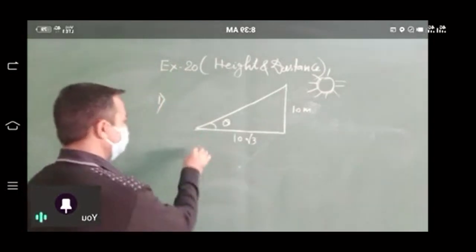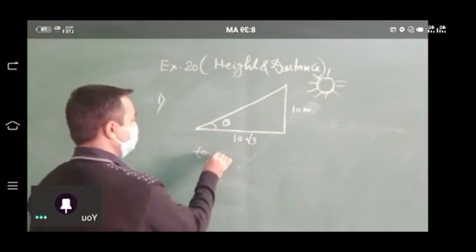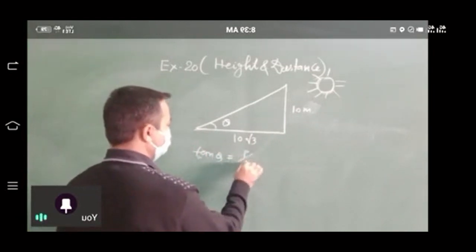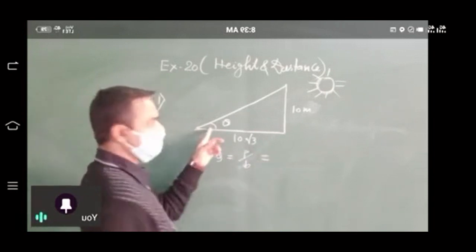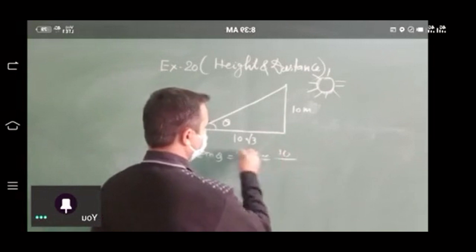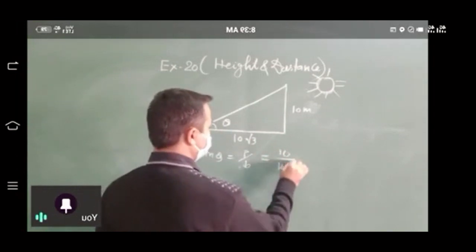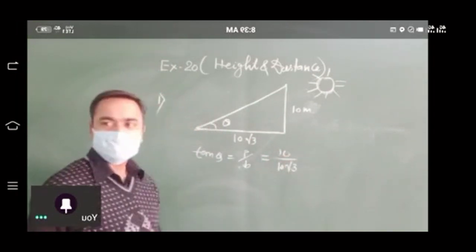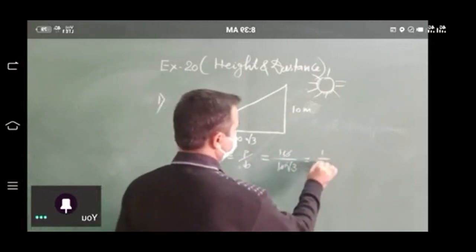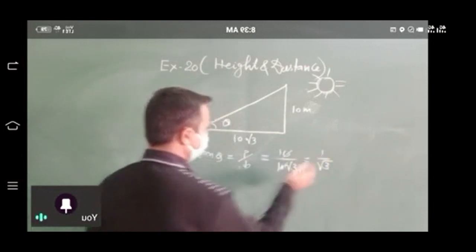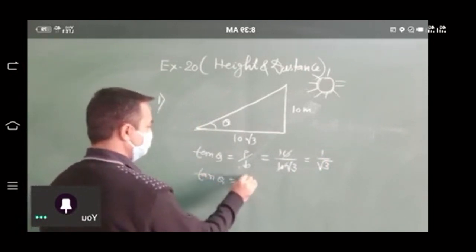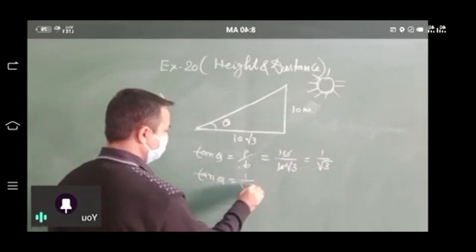So tan theta equals perpendicular upon base, and for this angle the perpendicular is 10 and the base is 10 under root 3. So 10 and 10 cancel out. This is equal to 1 upon under root 3. So tan theta equals 1 upon under root 3.